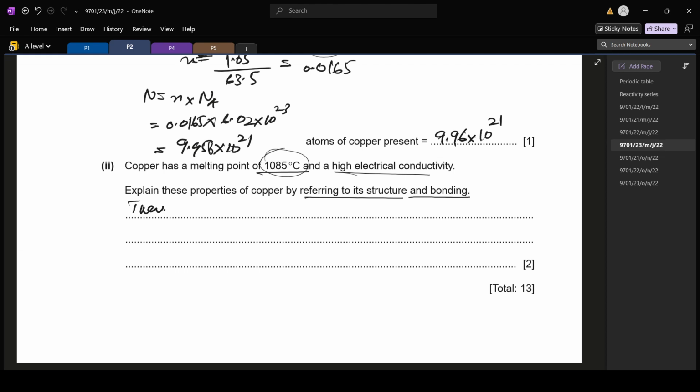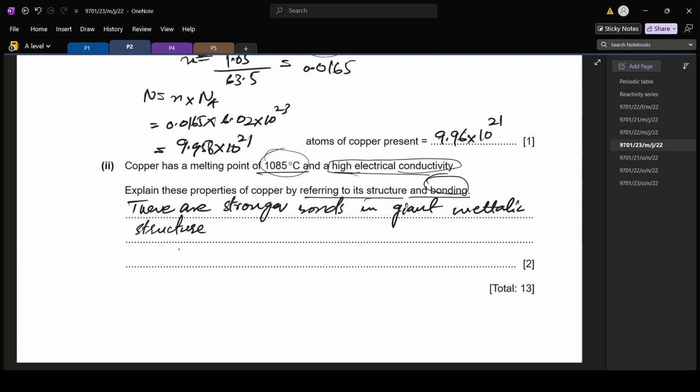Okay, so what will you write? There are strong bonds in a giant metallic structure. And why do these conduct electricity? Because there are delocalized electrons. That's why they conduct electricity.